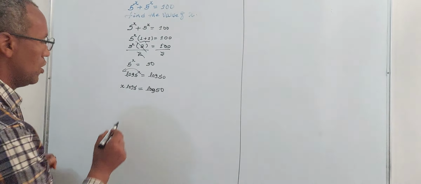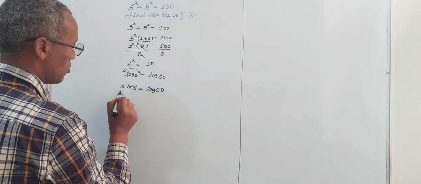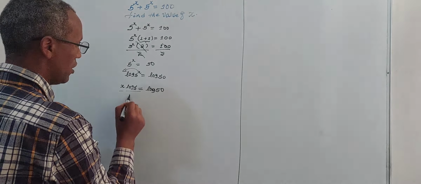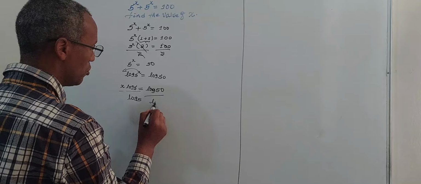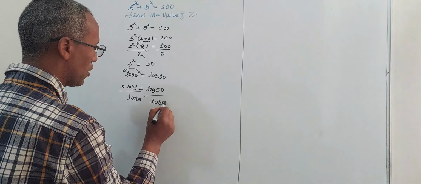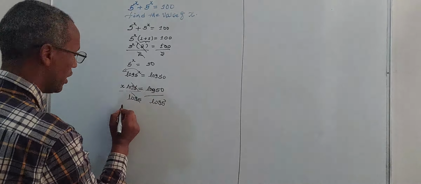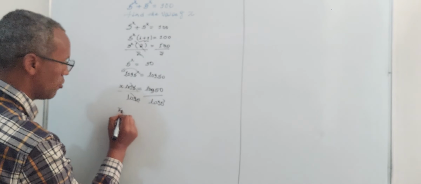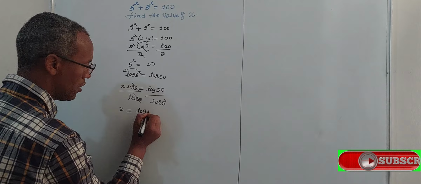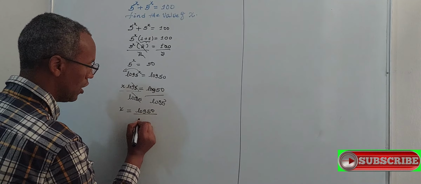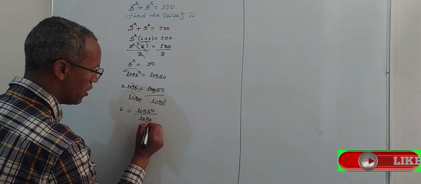Now, what you can do is divide both sides by log of 5, okay? You can cancel this with this. You will end up with x is equal to log of 50 over log of 5.